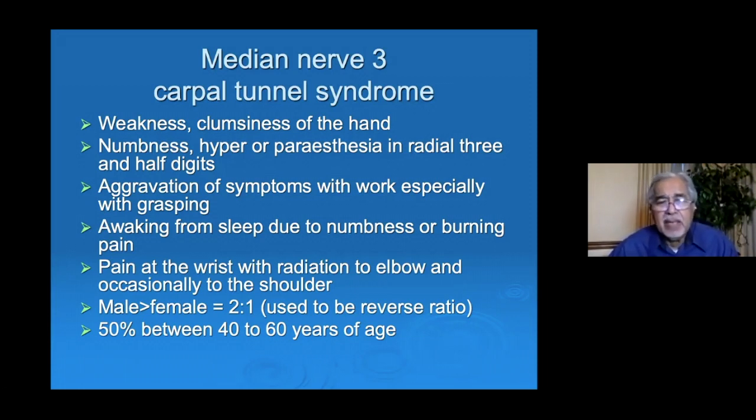The patient wakes up at night because of pain, burning, and numbness, and also has pain at the wrist level, which sometimes radiates to the elbow and shoulder. Female to male is 2 to 1, but it used to be just reverse. 50% of these patients are between 40 to 60 years of age.